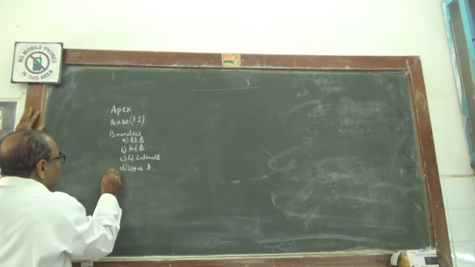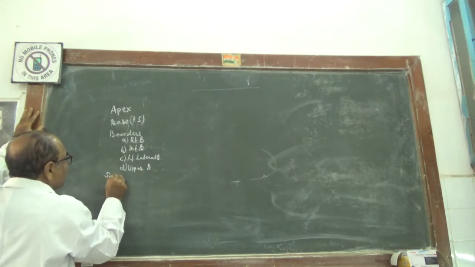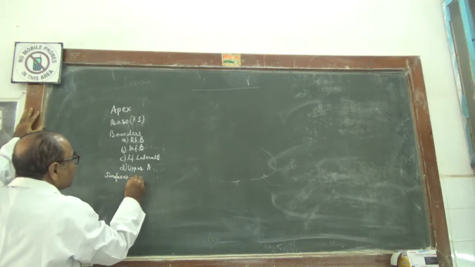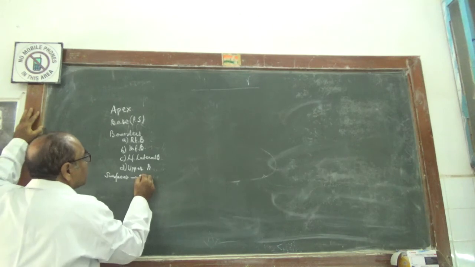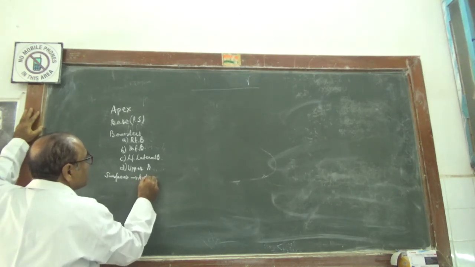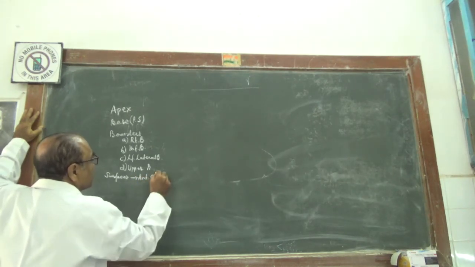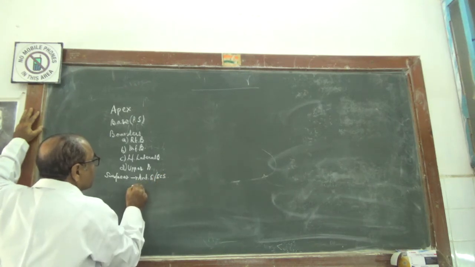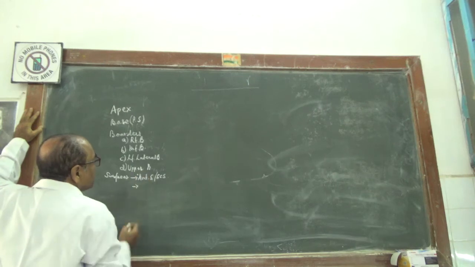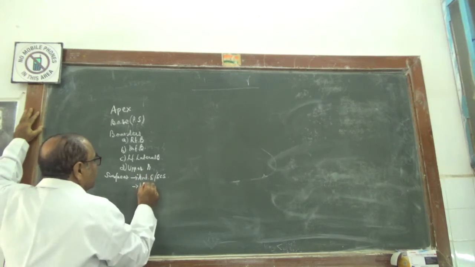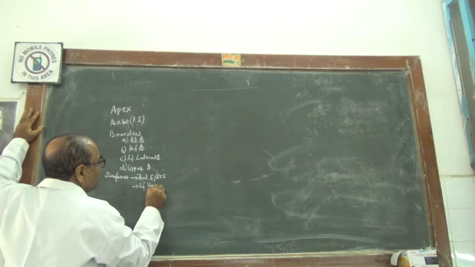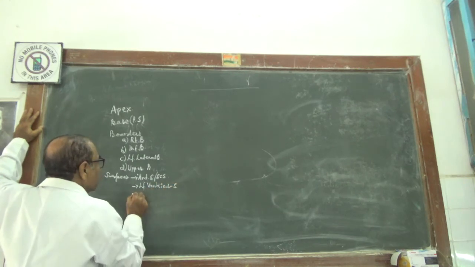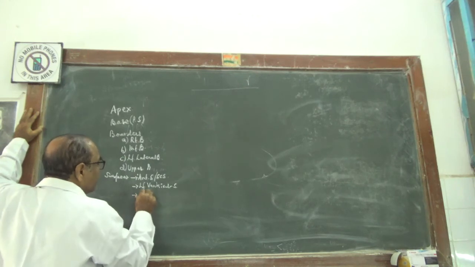Then the heart has got the surfaces. These surfaces are the anterior surface, that is also called the sternocostal surface, the left ventricular surface, then the inferior surface.